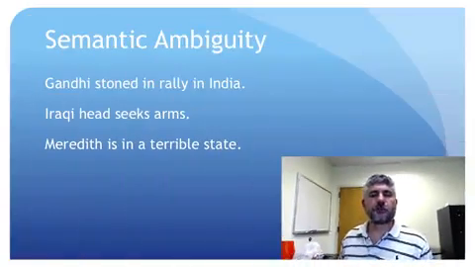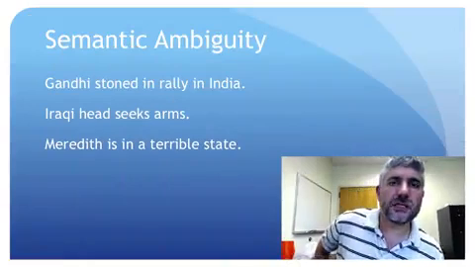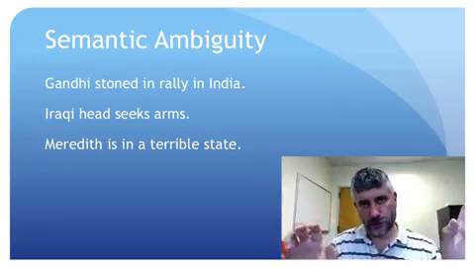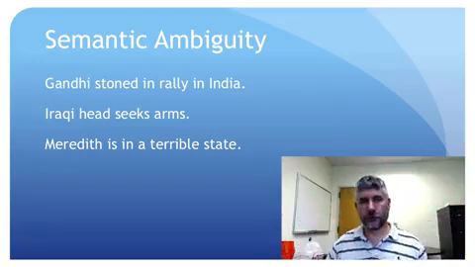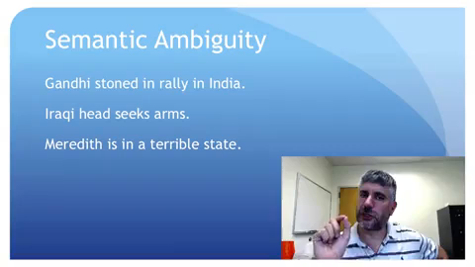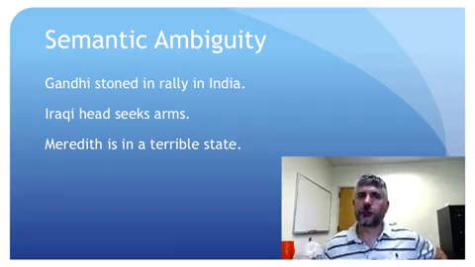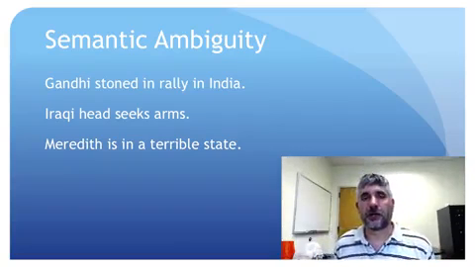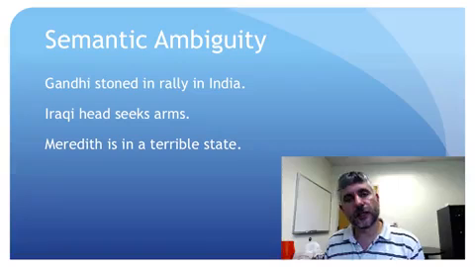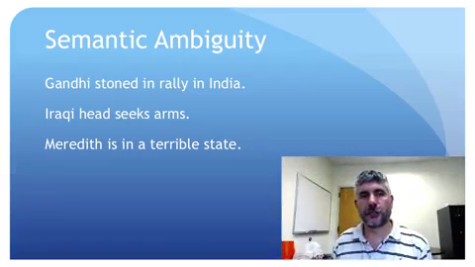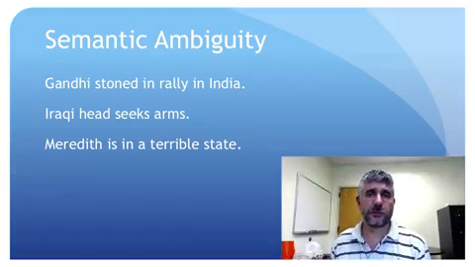So here are examples of semantic ambiguity. Semantic ambiguity is when a particular word has two different interpretations. The two different interpretations are two different interpretations of that one word. So, one example is, consider the newspaper headline, "Gandhi stoned in rally in India." Well, there are two different interpretations of the verb stoned, right?